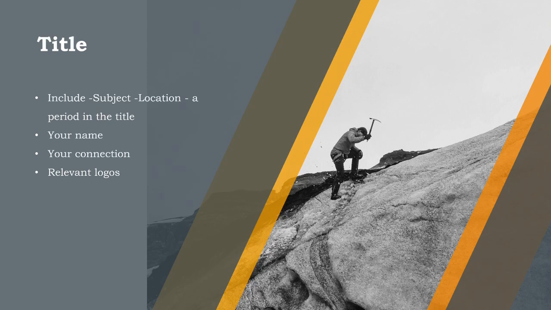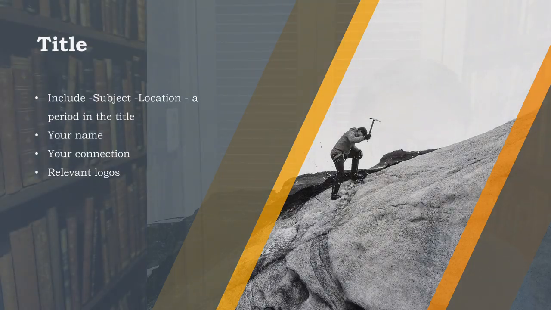Okay, so this third slide is the title of our presentation. It includes a subject and location, a period in the title, and your name, your connection, and relevant logos. So when you create a title, you want to create a title that includes the subject and location.